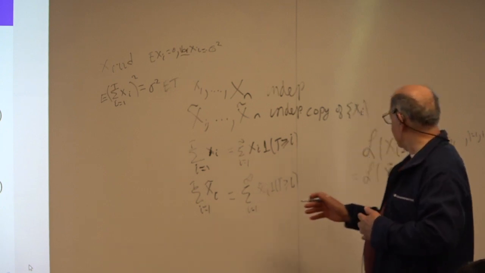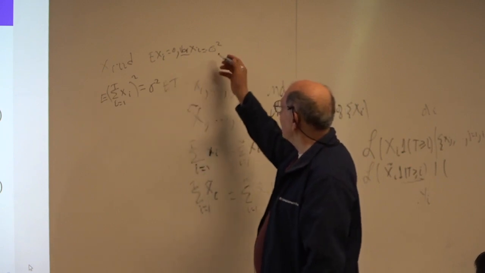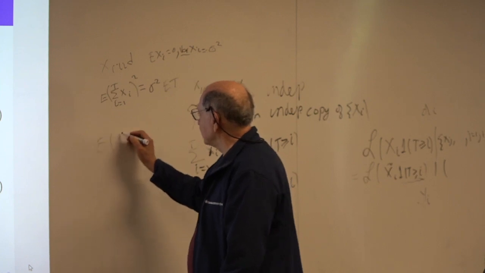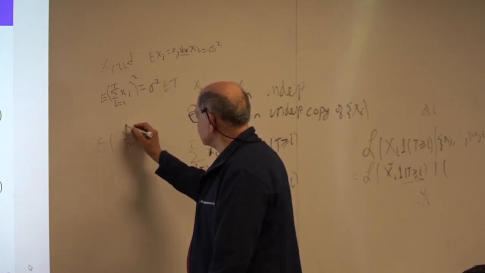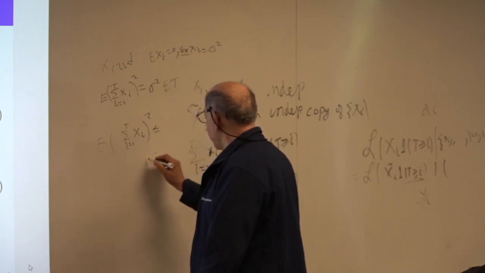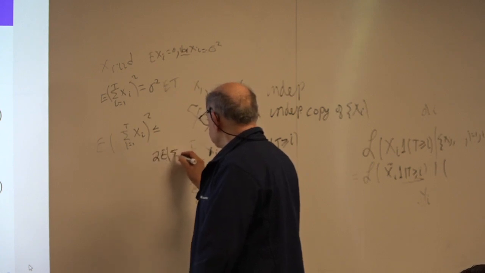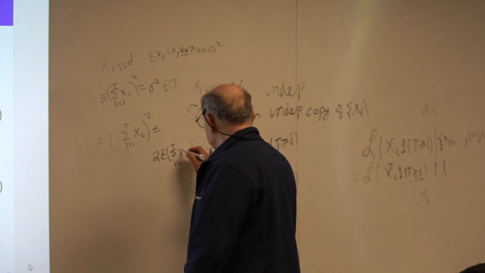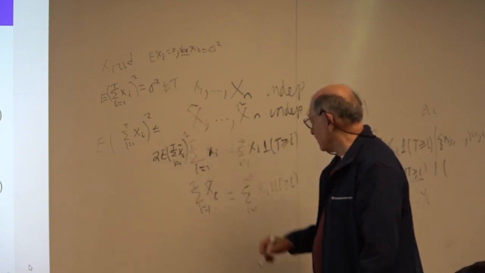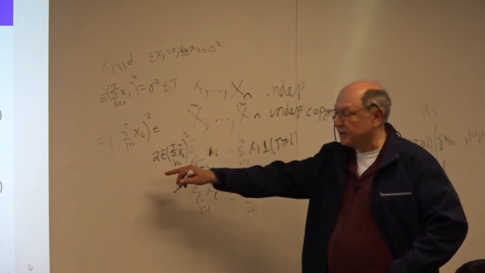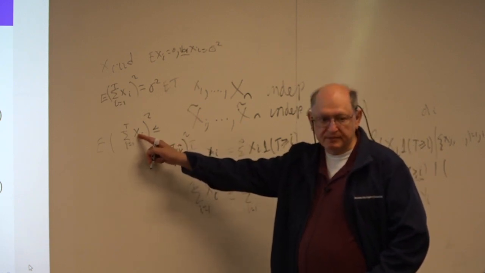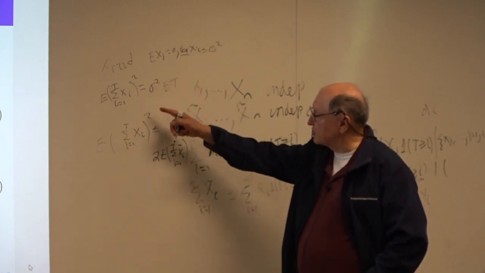And the extension works as follows. They don't have to have the same variance, but what I have is this inequality. Here you are stopping your sequence at your stopping time, and the x tilde is an independent copy.